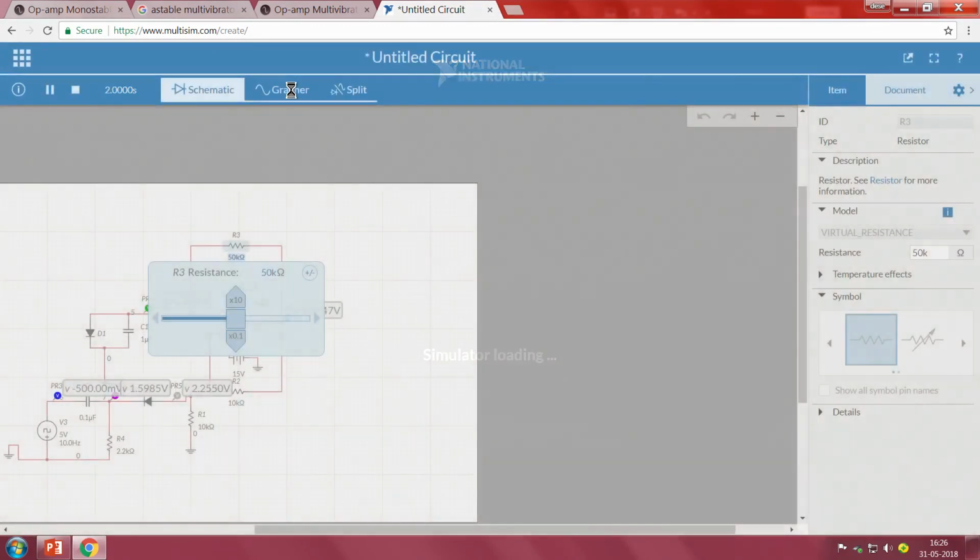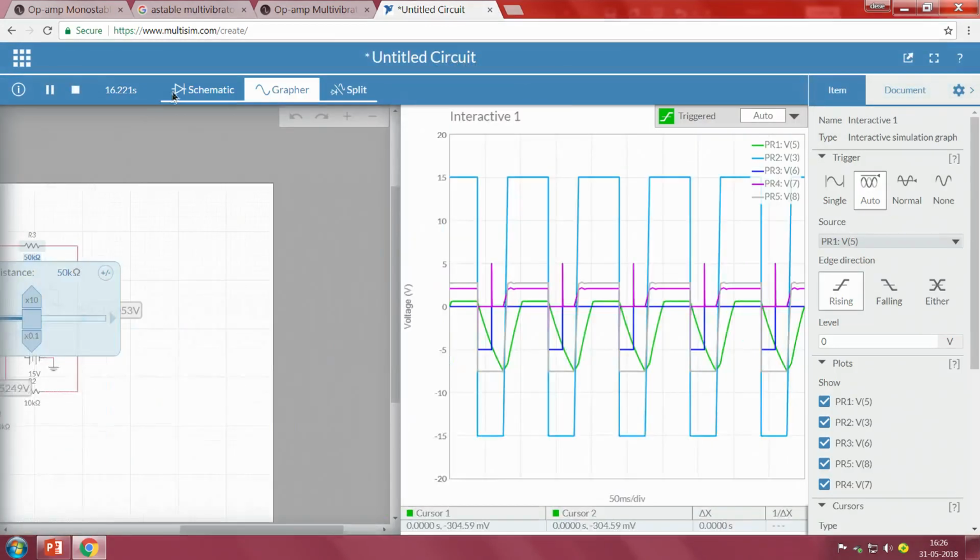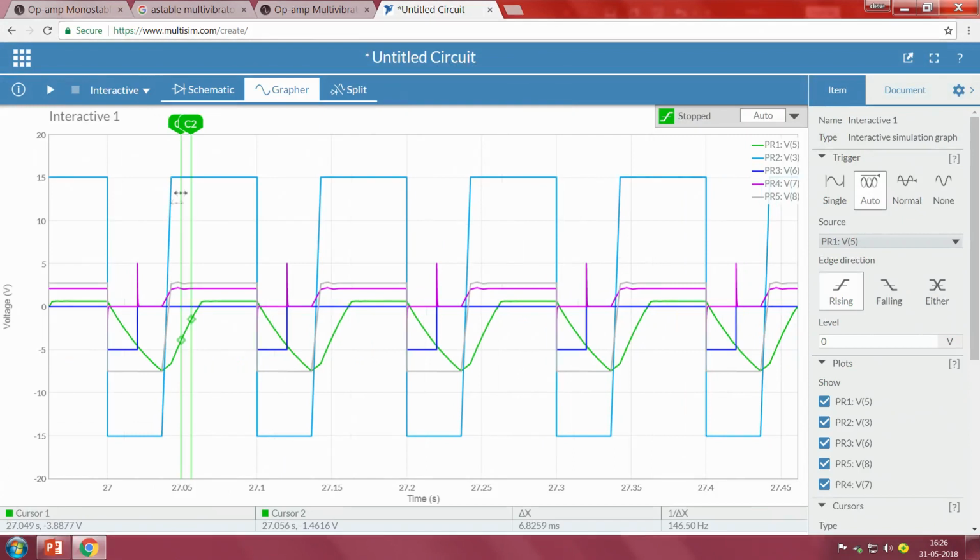So what I will do is replace this 10K with a 50K resistance, and we run it. Now when we look at the graph, observe what happened. The cycle may be the same, but the width of this changed, the duty cycle of your pulse has changed.